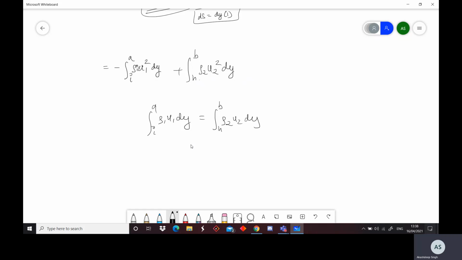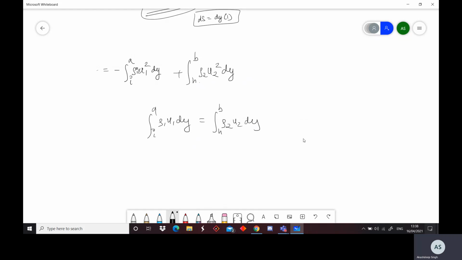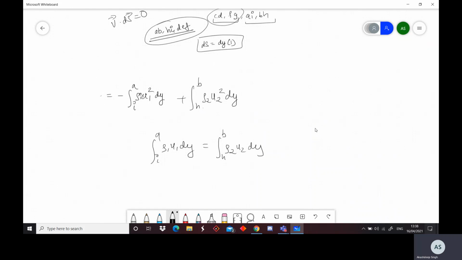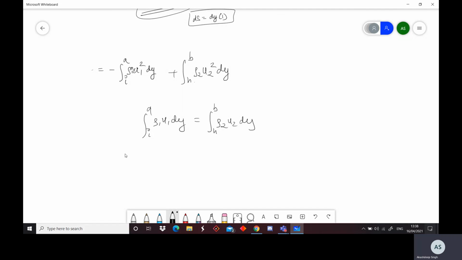If we substitute this equation from continuity into the equation we got for the drag per unit span and simplify, we finally get that the drag per unit span is equal to the integral from H to B of rho 2 U2 (U1 minus U2) dy.